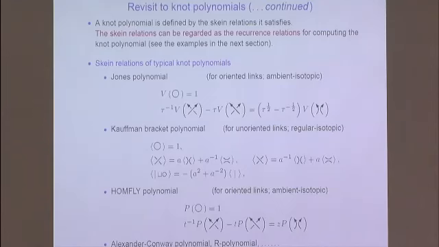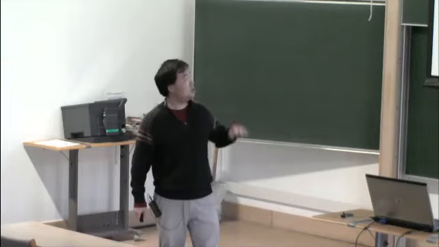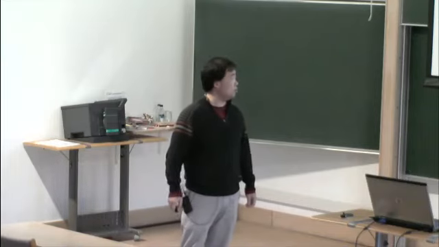You can see that in knot theory, you define a knot polynomial just by giving its skein relations. Skein relations are a kind of recurrence relations for computing the knot polynomial. For how to do the computations using the recurrence, I will show that in a section of examples.